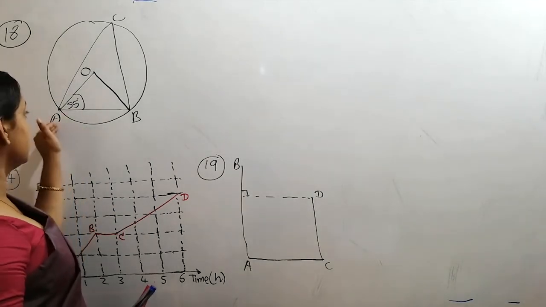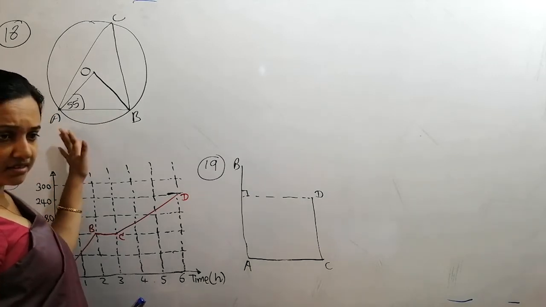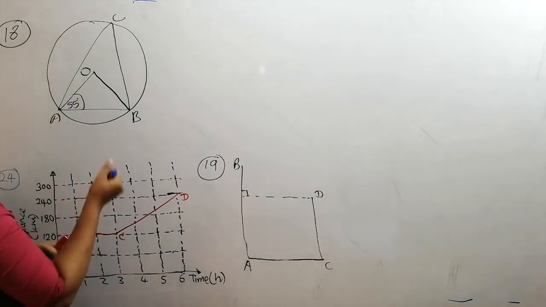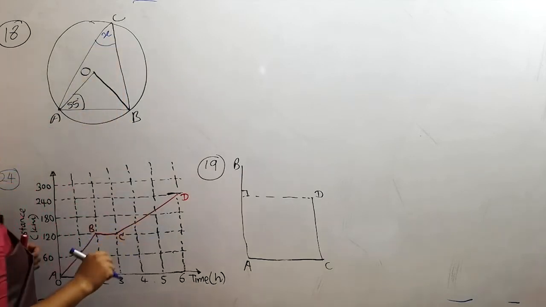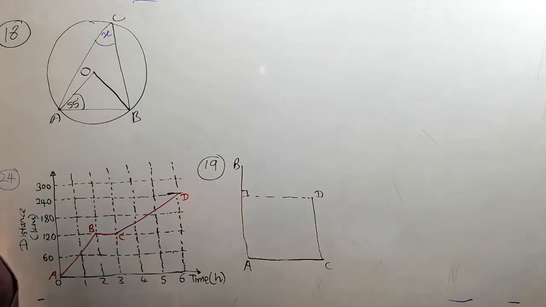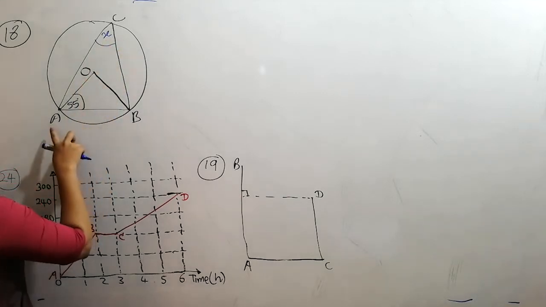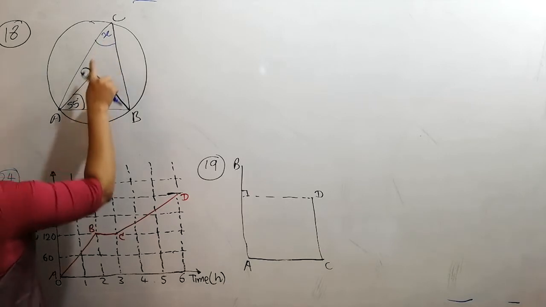This is a circle and the x means this one, the ACB angle. We have to find the ACB angle. What is the method? You can see here the ACB angle and the AOB angle.